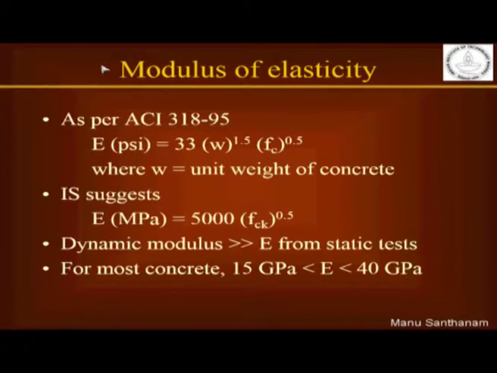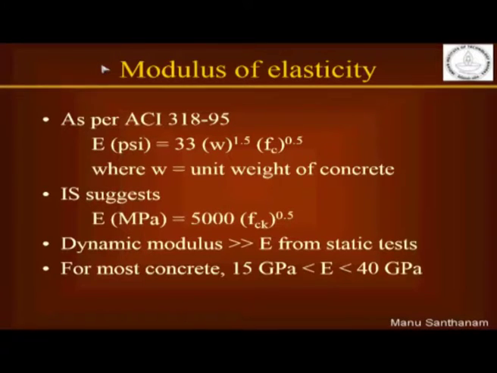Now again, just like compressive strength to flexural strength, there are also relationships suggested by different codes which link the modulus of elasticity to the compressive strength. All these relationships have been proposed to ensure that you have a means of calculating the E modulus if you do not have the wherewithal to test it.